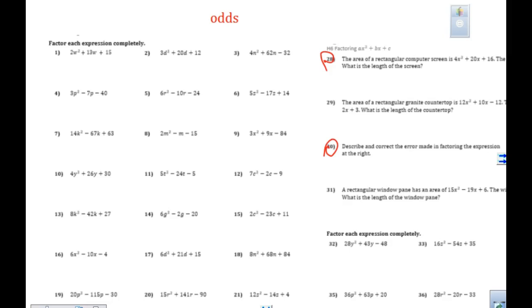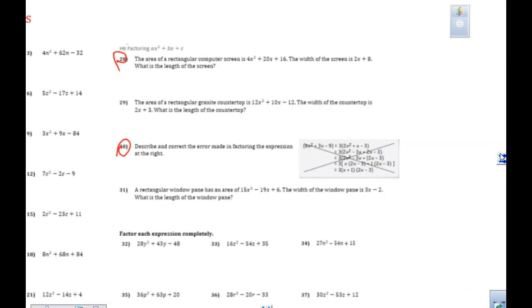The questions on graphing that some of you are thinking are hard, like 28 and 29, they give you the first factor. They say 4x squared plus 20x plus 16. They say, okay, one of the parentheses has to be 2x plus 8. What's the other one? Well, first thing is, what do you take times 2x to get 4x squared? 2x.